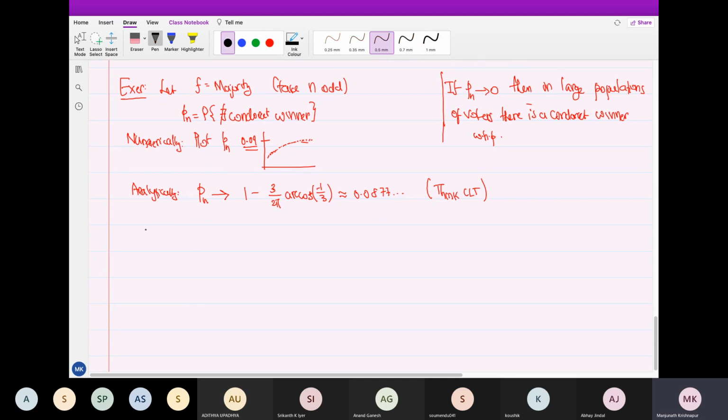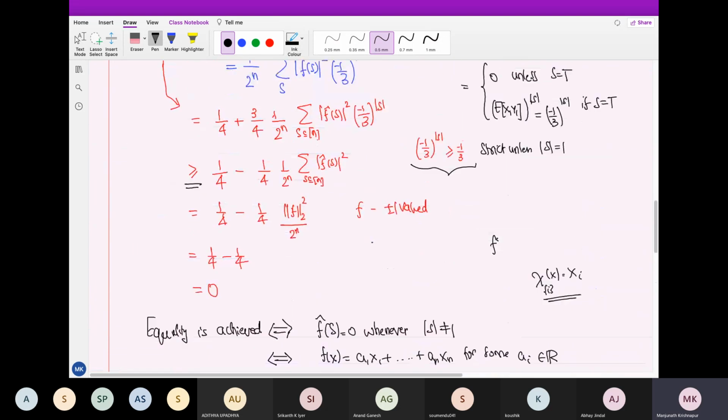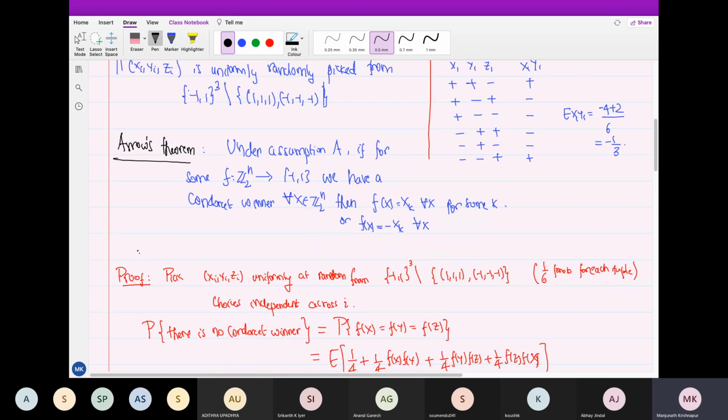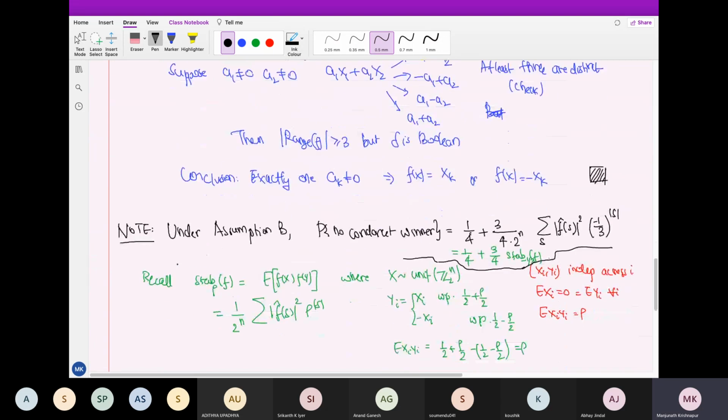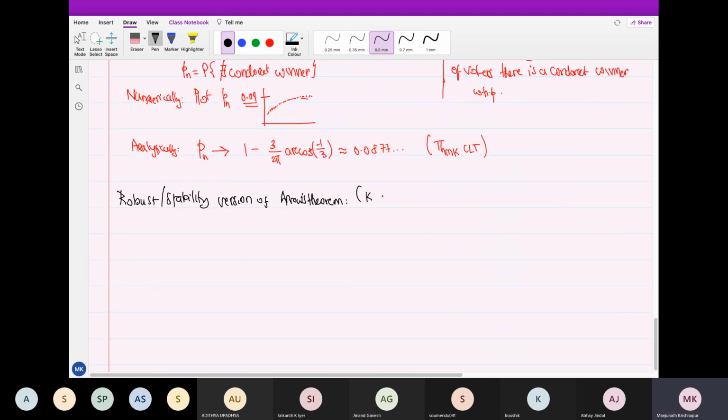So I'll state the stability version now. Okay, robust stability version. This is due to Gil Kalai. Actually, this proof is also due to Gil Kalai. He is one of the people who revived the theory of Boolean functions in recent times, some 20, 30 years ago.